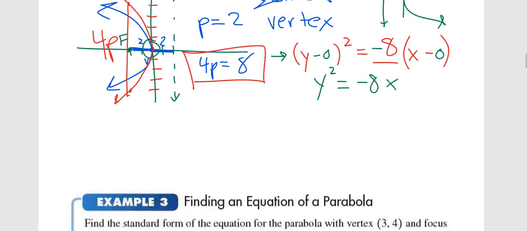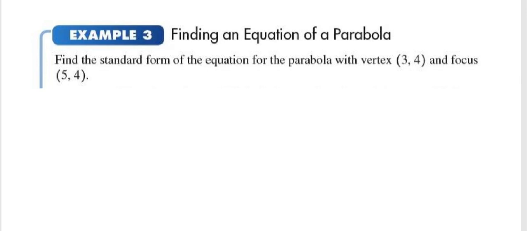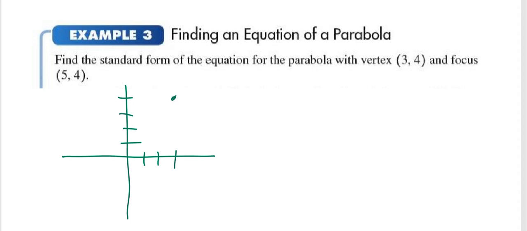Yeah. Okay. Example 3. Find the standard form of the equation of the parabola with vertex 3, 4 and focus 5, 4. Okay. What are we going to do with that information? Graph it. Thank you very much. 1, 2, 3. 1, 2, 3, 4. Here's my vertex.